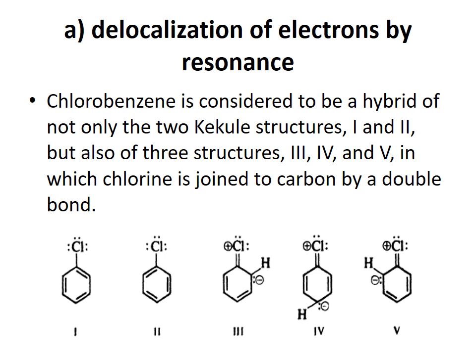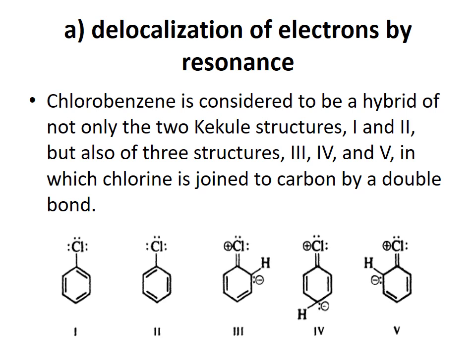As the chlorine atom is donating one more pair of electrons to the benzene ring, these electrons will be appearing at the ortho and para positions of the carbon atom to which the chlorine is attached. So totally there may be 5 different structures for chlorobenzene. So chlorobenzene is actually a hybrid of 5 different structures.